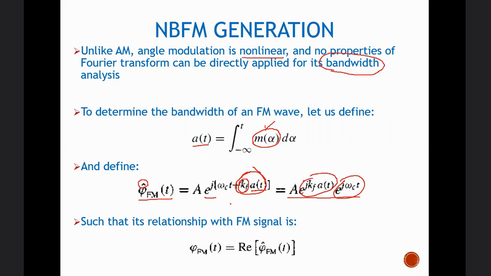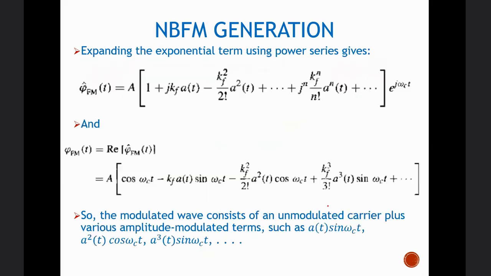So now this signal is related to the FM signal through this expression. In FM, the actual FM signal is the real part of this signal, so we have this cosine term. That is why, if we want to consider an FM signal, we need to take the real part of this signal. So why are we doing this analysis? It will become clearer as we move forward.